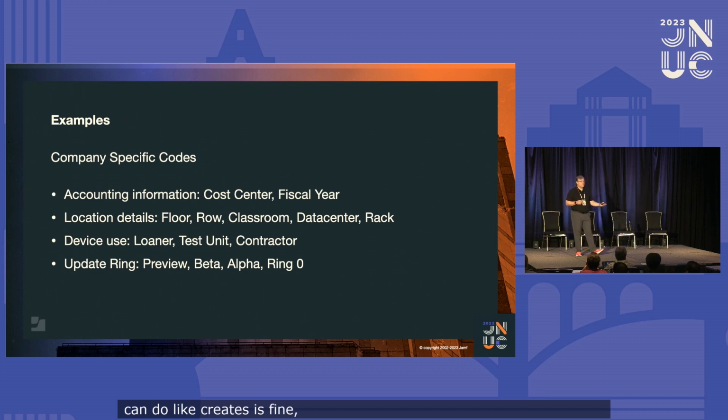You put the use of that device, something like loaner, contractor, maybe test unit, whatever it is, just set something to make it a different Mac from every other Mac that's in your Jamf Pro. You can also do update rings, whatever you want to call it. Preview, beta, insiders, alpha, ring 0, whatever.